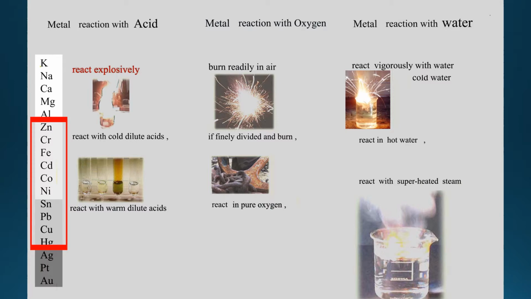And if you add more heat, up to 1,000 degrees or higher, it is still in the steam state. That's what we call superheated steam. This superheated steam can react.